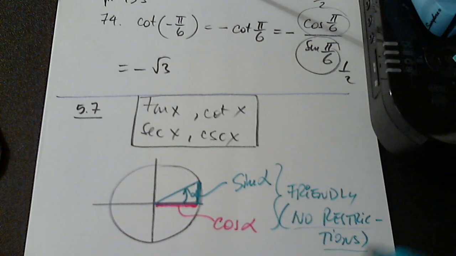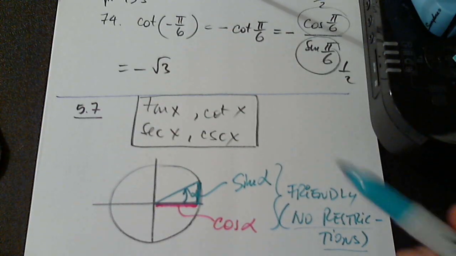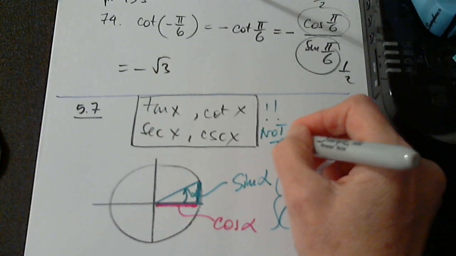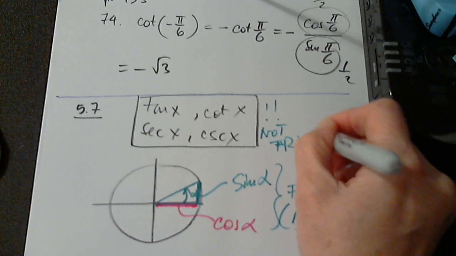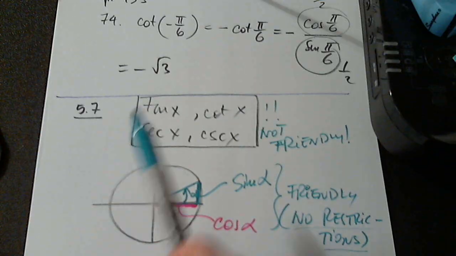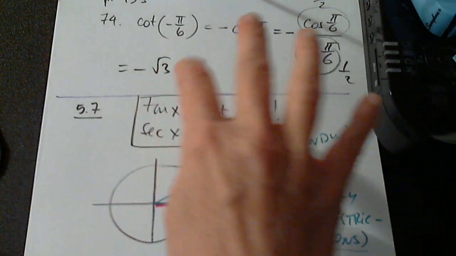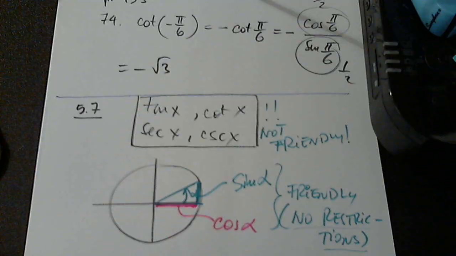Polynomial, exponential, absolute value, right? There are no restrictions. Well, these are not friendly. These functions join the category of not friendly functions. I have to worry about the domain. Why? So let's start with tangent.